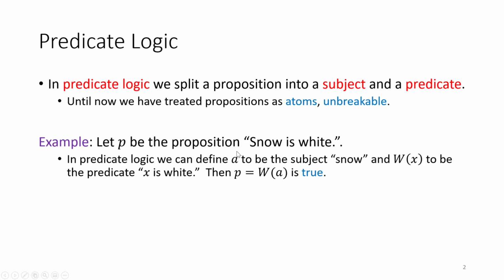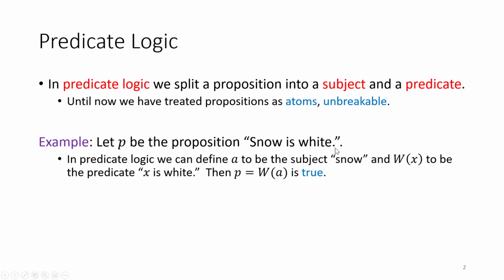So if we're going to assign a to be the value snow, then we're going to have this other thing, which looks like a function now, but we'll call it a predicate. And I'm going to use capital letters for predicates here. If I didn't know what my predicate was, I might use capital P for predicate. But in this case, my predicate is going to stand in for the phrase is white.